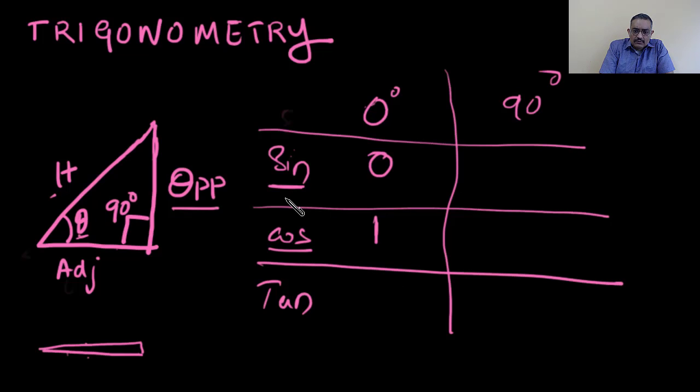So back to sine ratio. If it was 90 degrees, this would go up in there. Let me draw a little better triangle. What would happen is that right before it becomes 90 degrees, this opposite side would come closer and closer. The hypotenuse would go all the way.